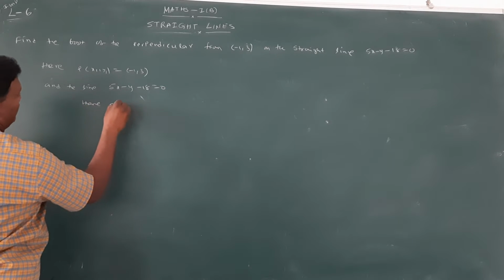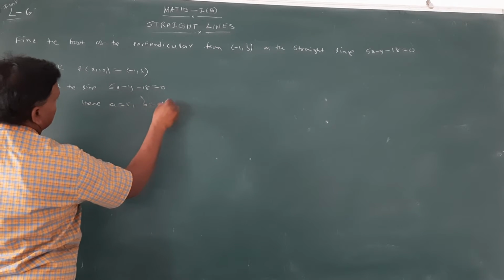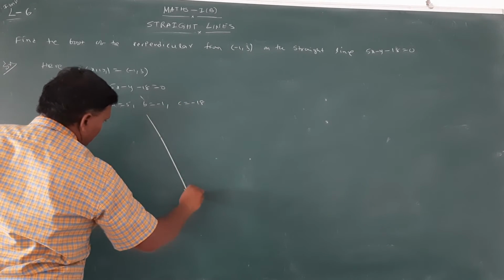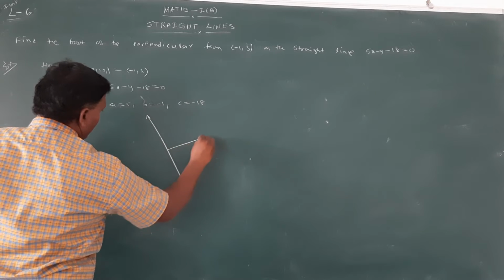Here a is equal to 5, b is equal to minus 1, c is equal to minus 18. Find the foot of the perpendicular.